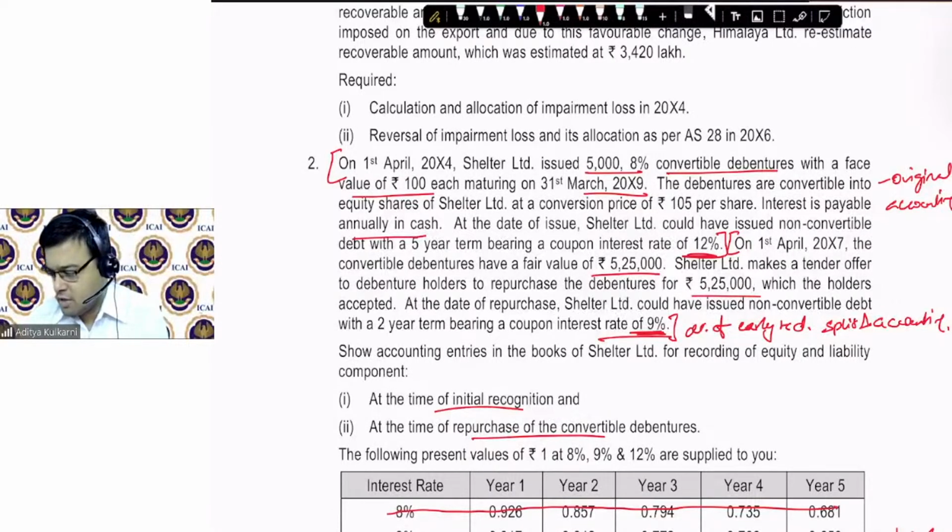That is the face value. The debentures are convertible into equity shares at a conversion price of 105 per share. Interest is payable annually in cash. At the date of issue, Shelter could have issued non-convertible debt with a 5-year term bearing a coupon interest rate of 12%. So this is the data for initial recognition.